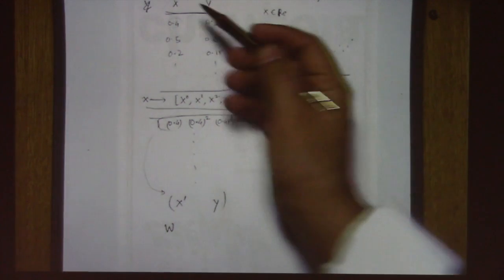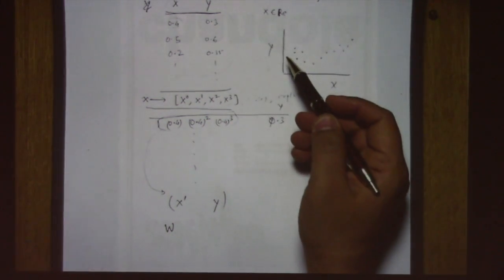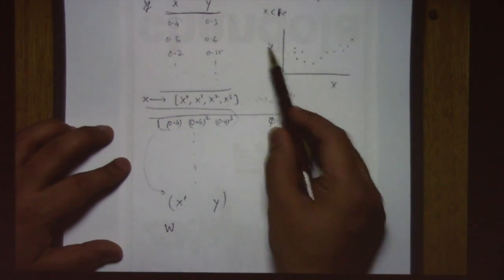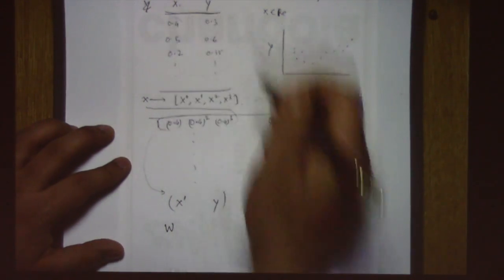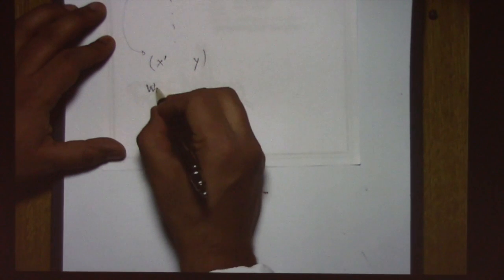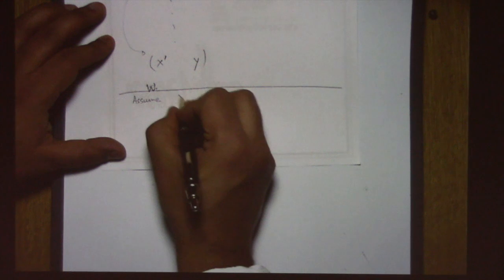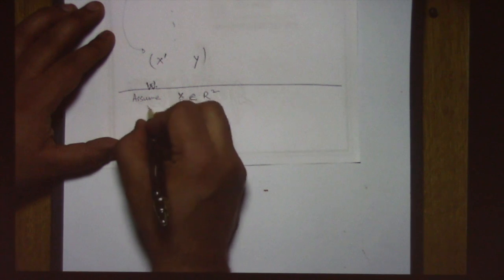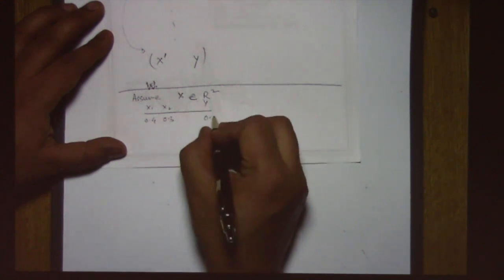Sometimes, let's say your original data might have been 2D. So instead of having x and y, maybe you had x1 and x2. Assume each of your x is actually in R square, which means that your training data would have looked like this. There was an x1, x2, and y, and these would have some values, 0.4, 0.3, and that's a target, and so on.